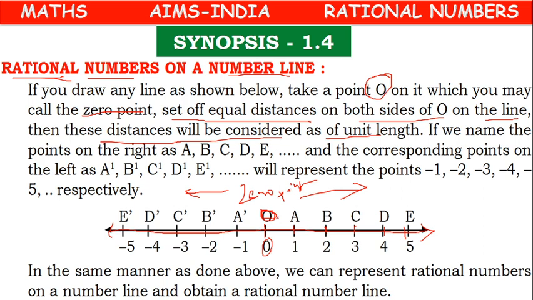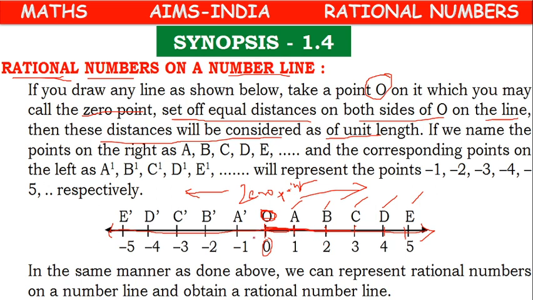From 0 to 1 is 1 unit, 1 to 2 is 1 unit, 2 to 3 is 1 unit, like that. With an interval of unit distances, we represent points A, B, C, D, E on the right hand side of O.